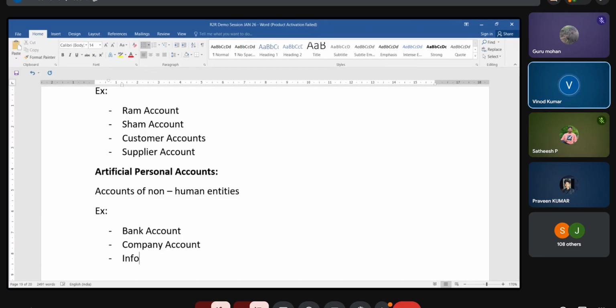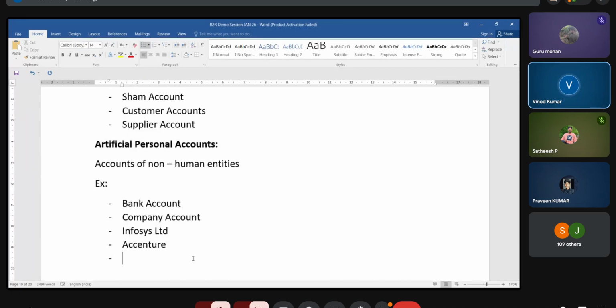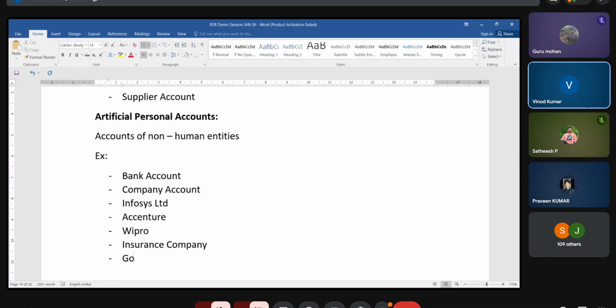If any goods are purchased from a company, an insurance company, or any government, all are personal accounts. So what is the artificial personal account, guys? Wherever humans are not involved, directly dealing with the company, those are called artificial personal accounts.